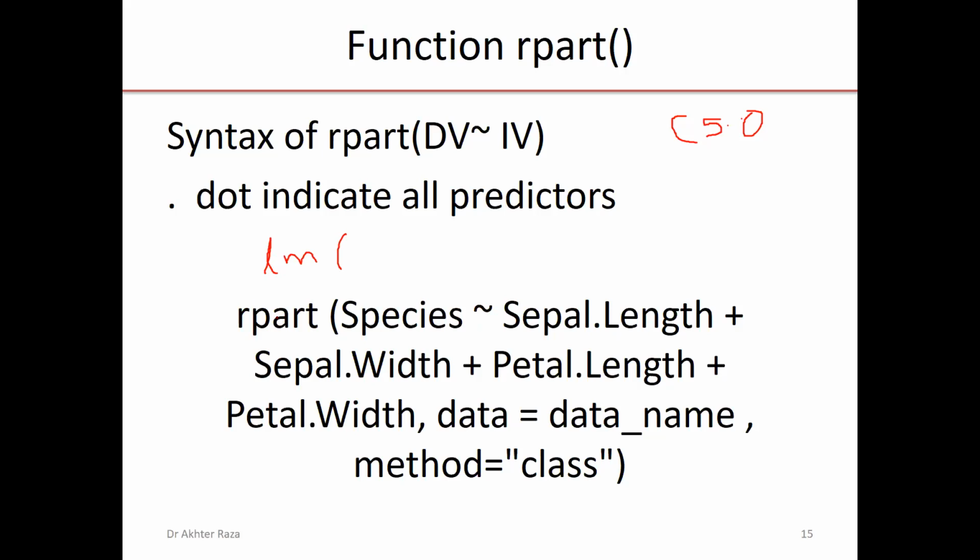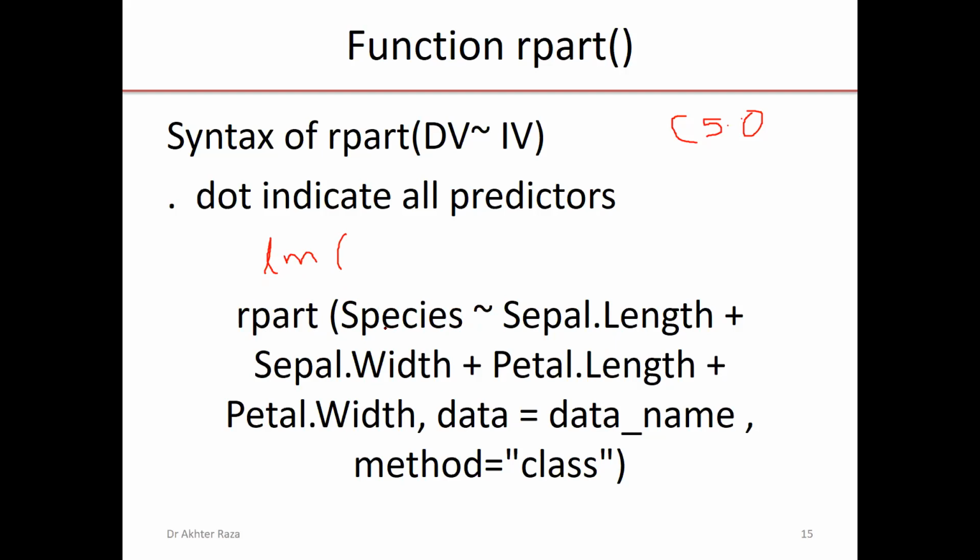The main difference between LM and rpart is that LM is used for quantitative data, while rpart handles quantitative as well as qualitative data, but your class variable should be a factor variable. Species is the factor variable, which is my dependent variable.